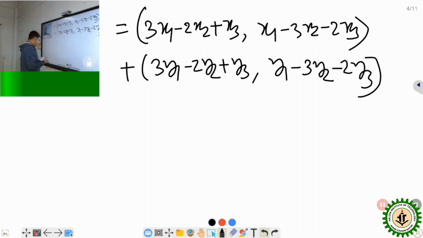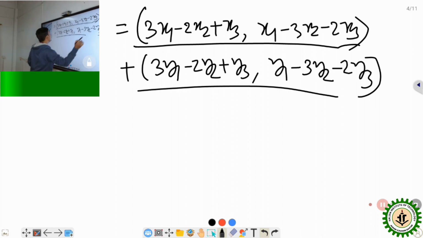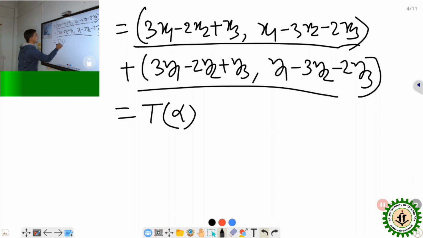Now if we carefully observe the whole expression, the first part is nothing but T alpha and the second part is T beta. This is the expression of T alpha plus T beta.